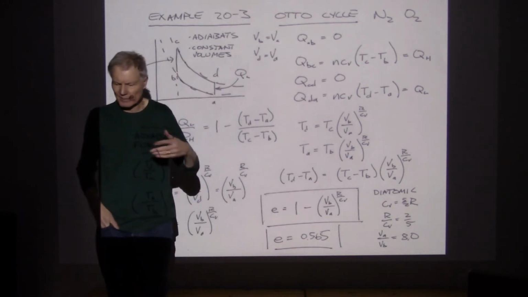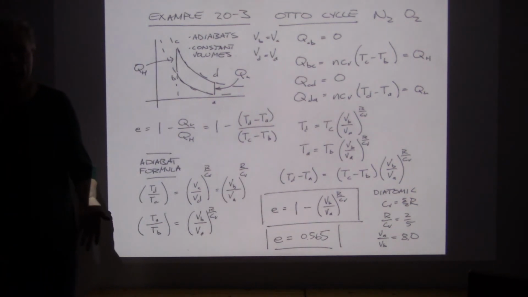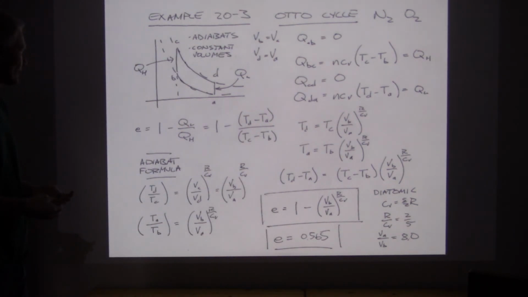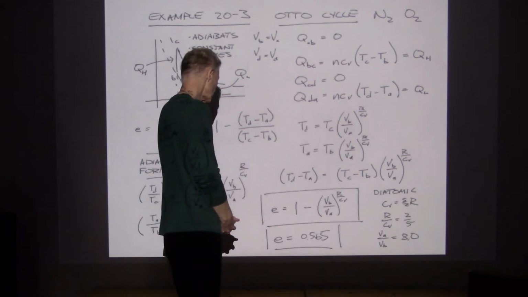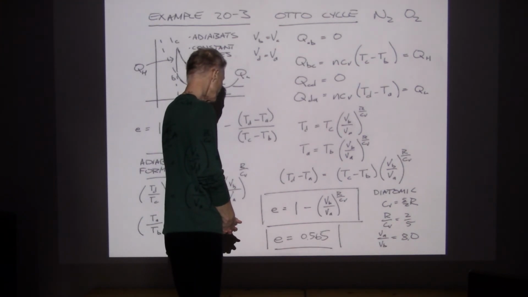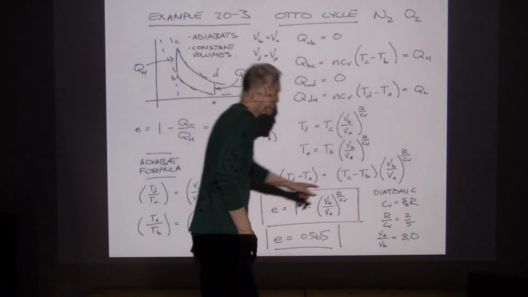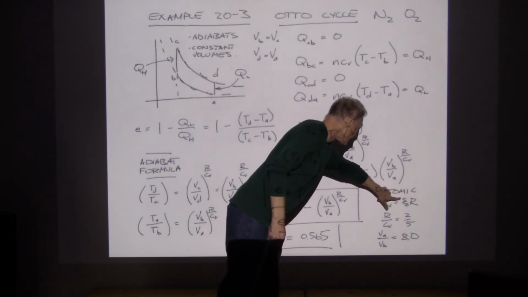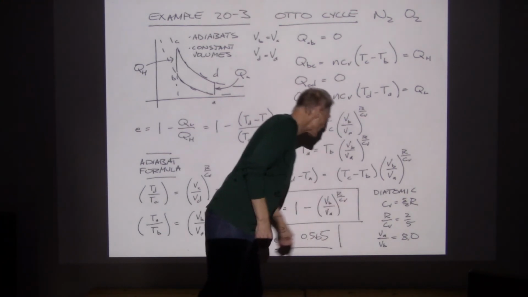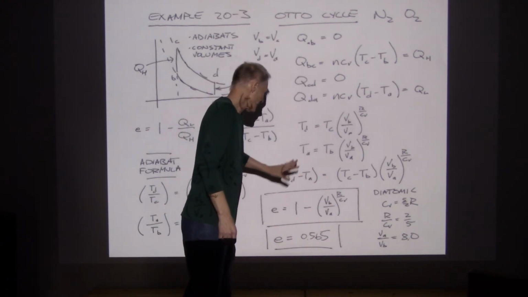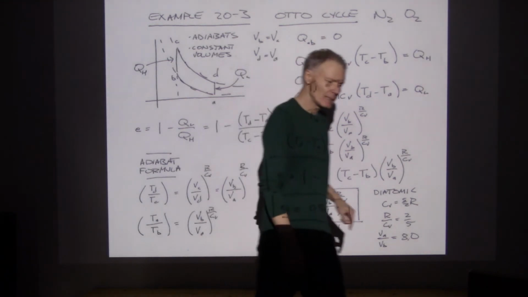So what that's telling me is as I get the compression ratio higher and higher, I get the efficiency to be higher and higher. Okay, and all right, so putting in all the numbers, it's diatomic, so I put in 5/2 R for CV, and R over CV is 2/5. So that's it, that's the formula, and that's the efficiency.